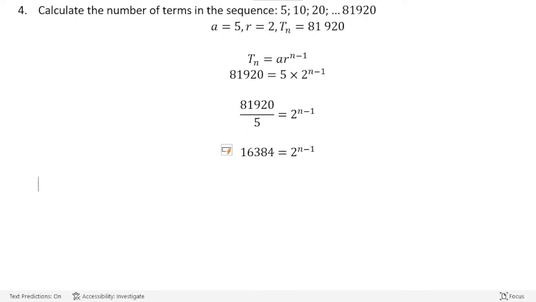As long as it is a principle. All right. So when you change 16,384 to the x to base 2, it's going to be 2 to the power 14 equals 2 to the power n minus 1.